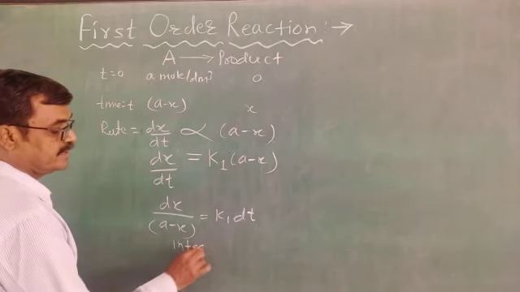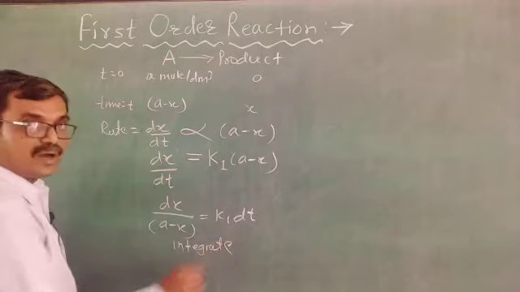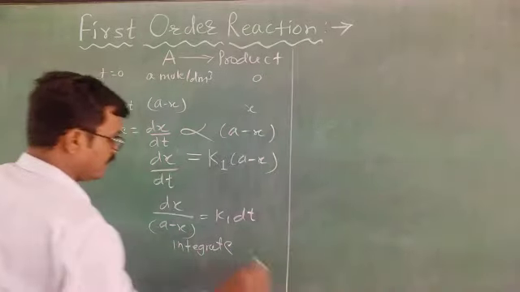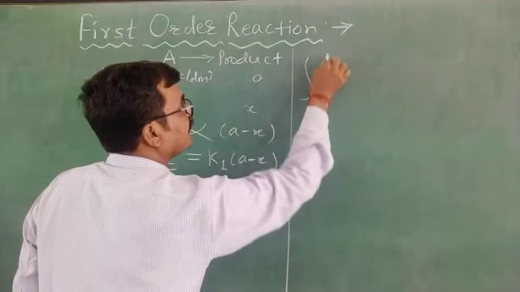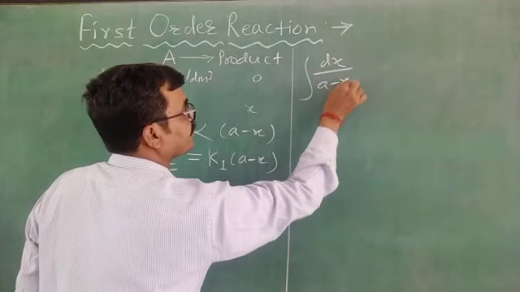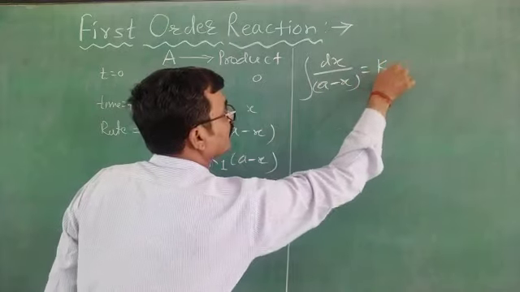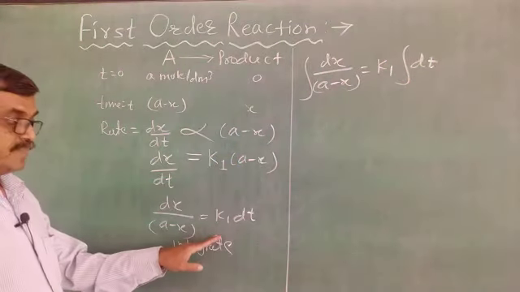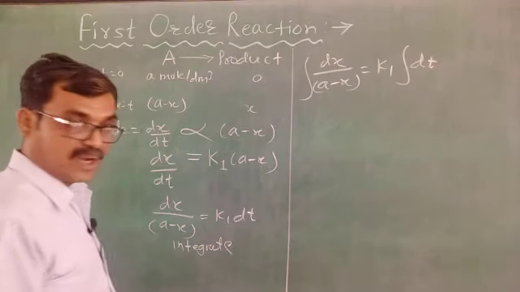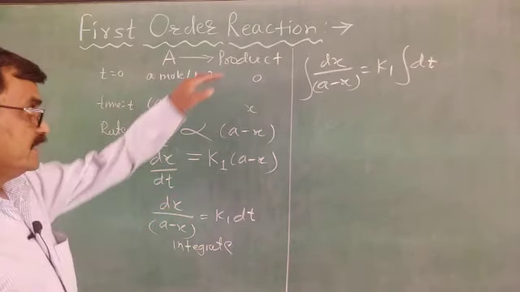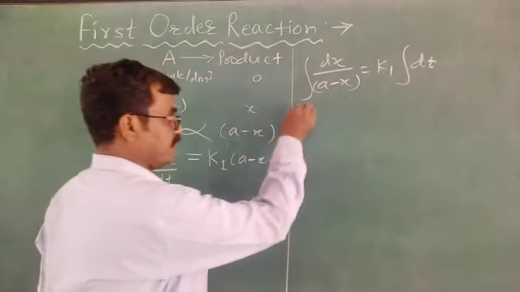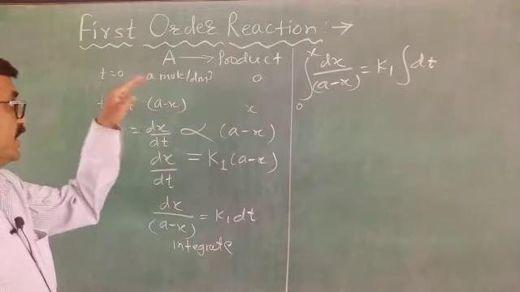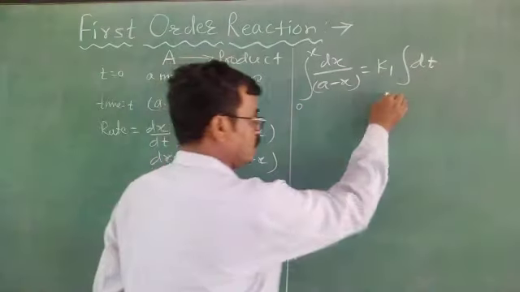Integration of dx upon a minus x is equal to k1 into integration of dt. Now put the upper and lower limits. Here it is x, initially it is 0, then it will be x, so 0 to x. Here it is t, initially 0, then small t, so 0 to t.